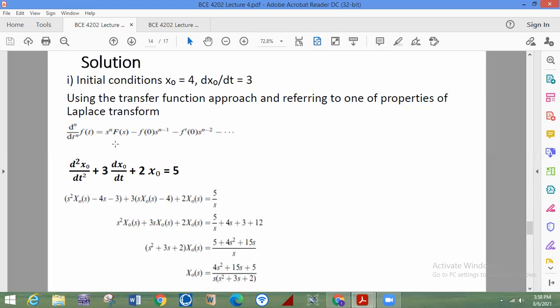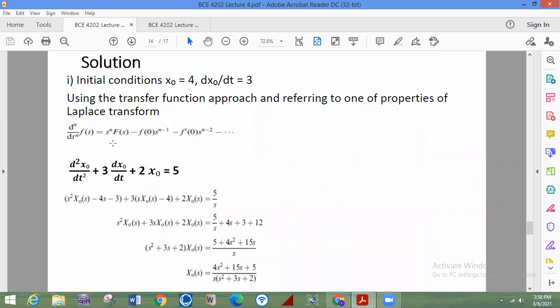Remember I said if it's a second derivative, we are going to apply the whole of it. Now, if we apply this in this, we shall have s squared. Why s squared? Because we are saying that it is s to the power n, and in this case, n is any number representing the order of the derivative, and here it is 2. That's why it becomes s squared.